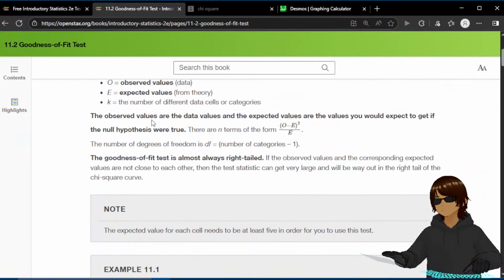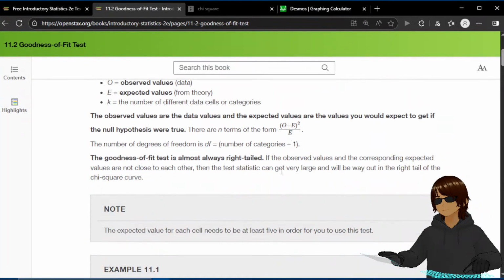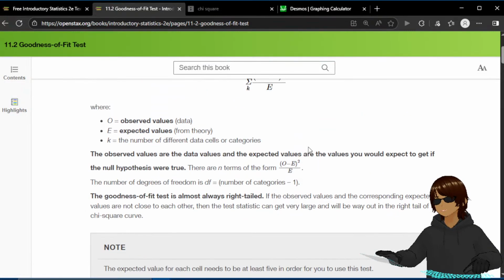The observed values are data values, and the expected values are the values you would expect to get if the null hypothesis were true. There are terms of the form (O minus E) squared divided by E. The number of degrees of freedom is df = number of categories minus 1.